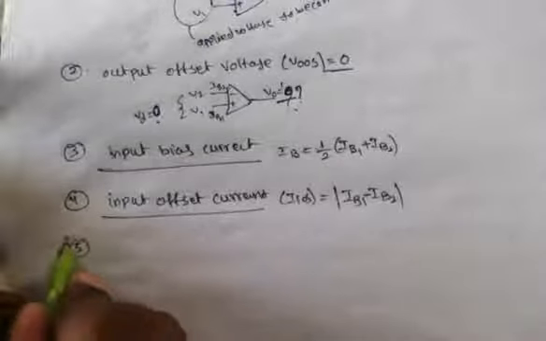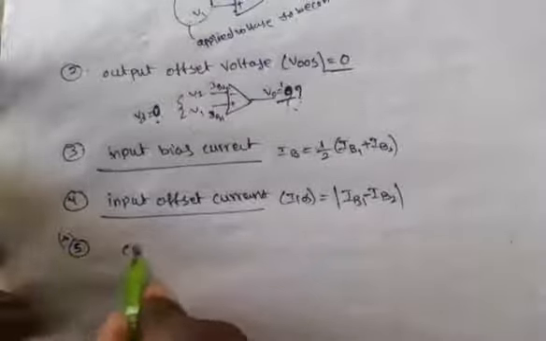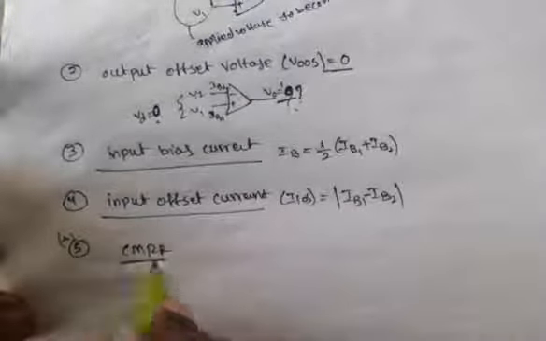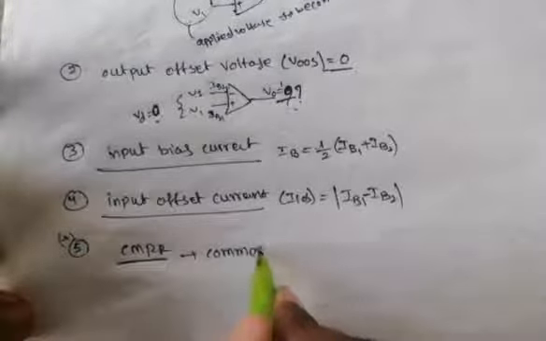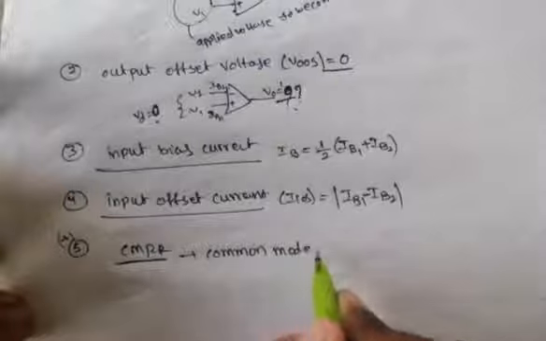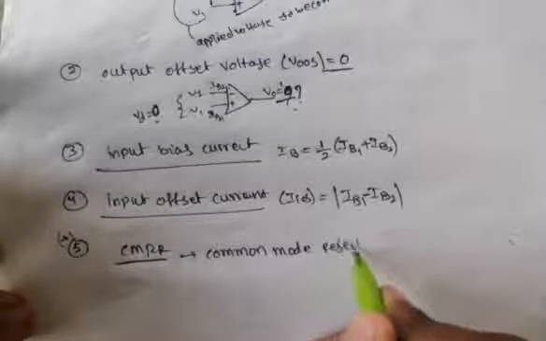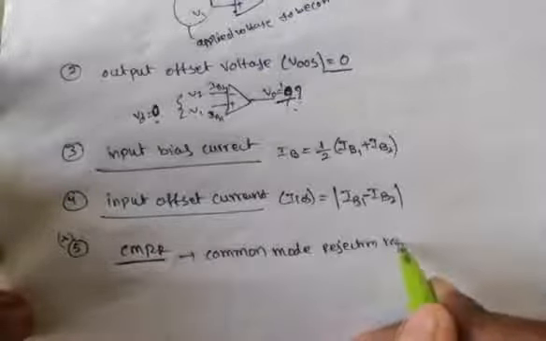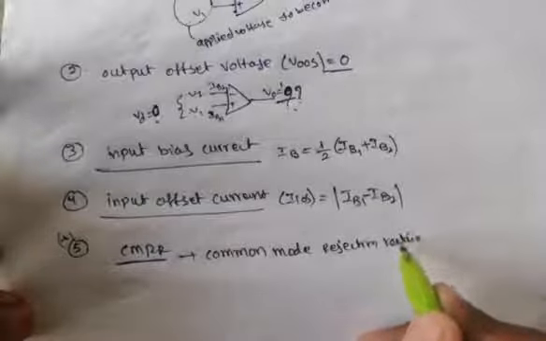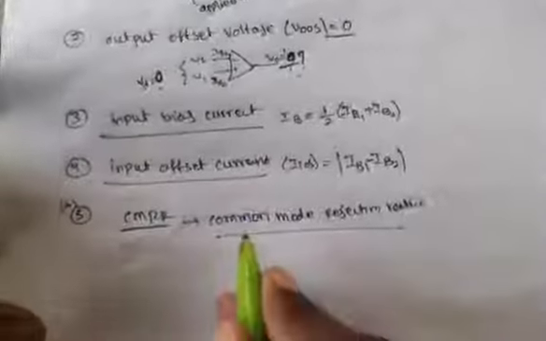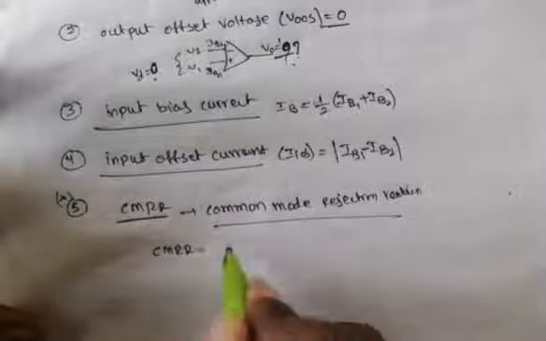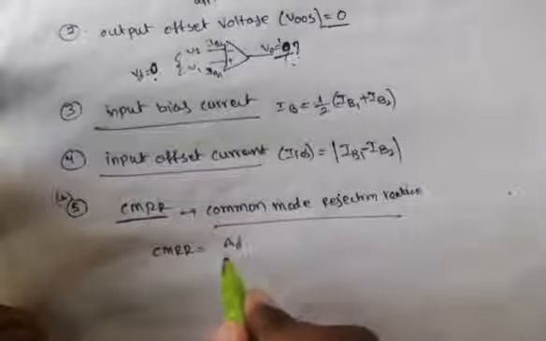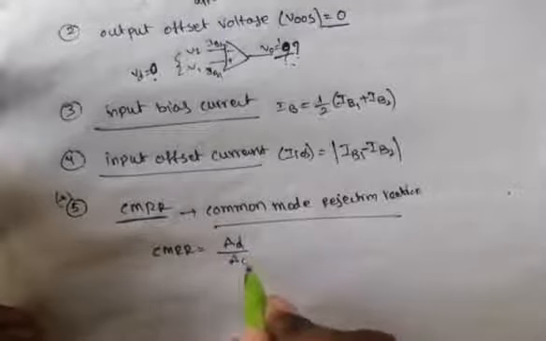And the fifth point, which is very important, is CMRR. What is CMRR? CMRR is common mode rejection ratio. It is defined as the ratio of the differential mode gain to the common mode gain.